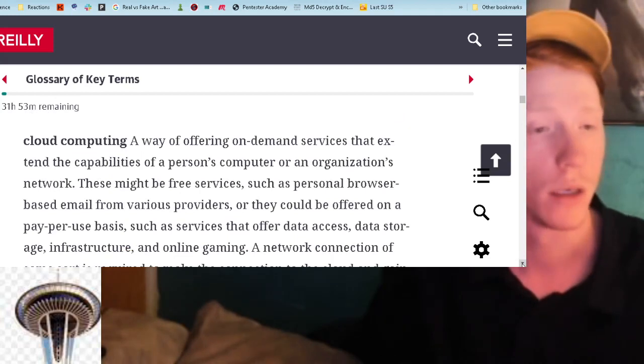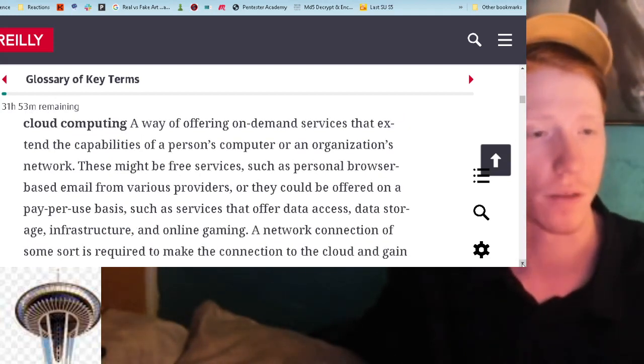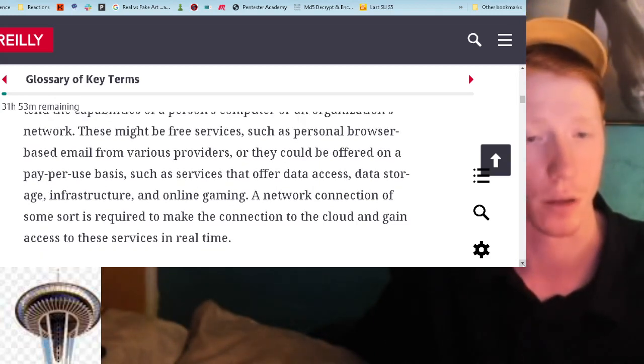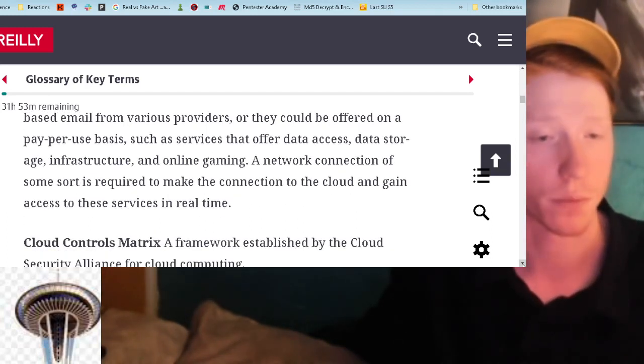pretty straightforward. Cloud computing, offering on-demand services that extend the capabilities of a person's computer or organization's network, like browser-based email or a pay-per-use basis.